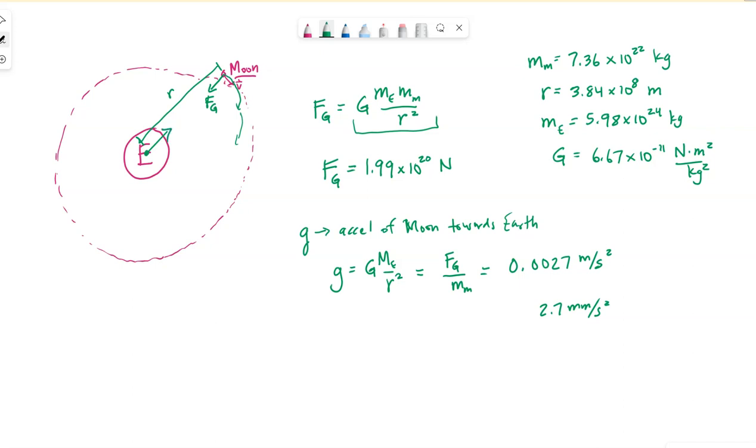Now, the Earth experiences the same force of gravity towards the moon because of Newton's third law, but it would not experience the same acceleration.